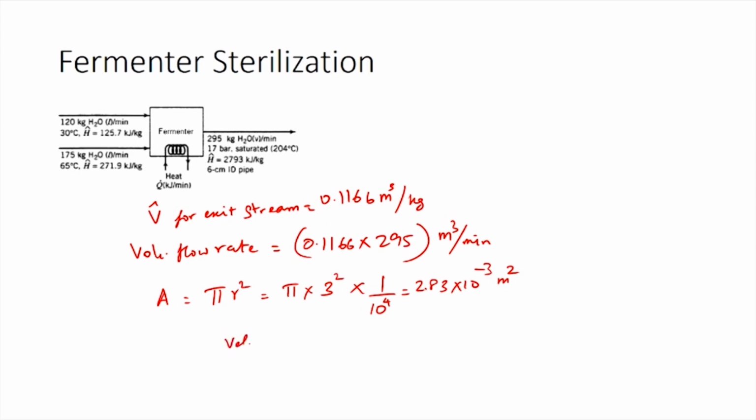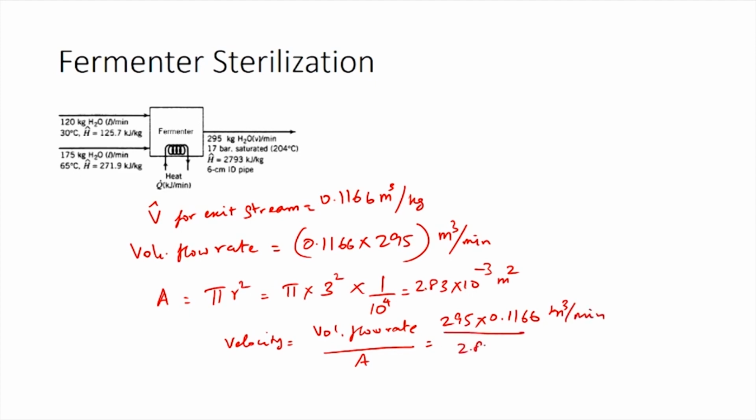So, we can get velocity as volumetric flow rate divided by cross sectional area, which gives us 295 times 0.1166 meter cube per minute divided by 2.83 times 10 power minus 3 meter squared, and we would also like to convert this minutes to seconds.